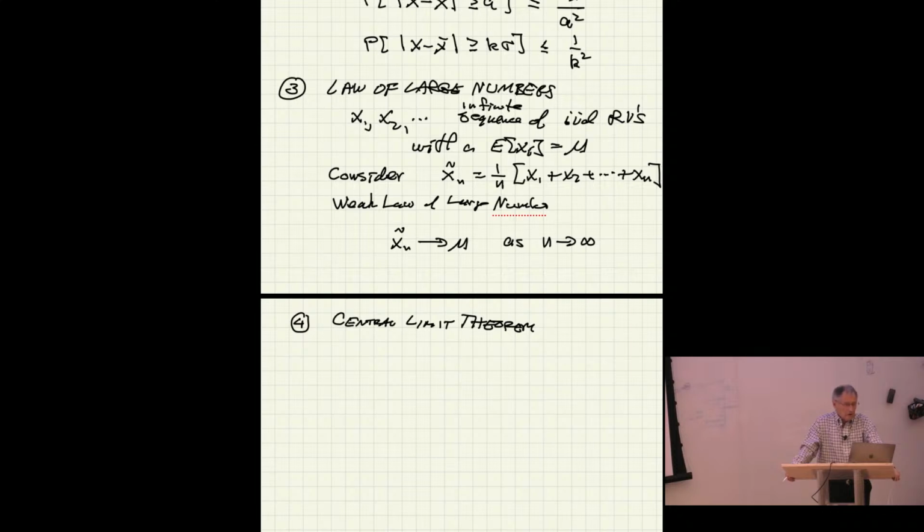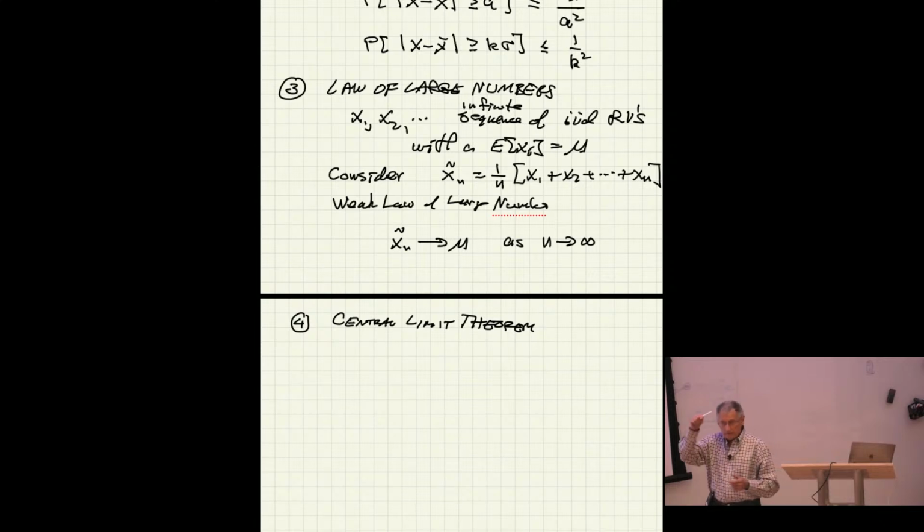If you add together a large number of independent random variables, doesn't matter what that distribution is, the distribution of that sum will look like basically a Gaussian distribution, a normal distribution. So not only do we know what a large number is going to give in terms of its average, we know what the shape's going to be.